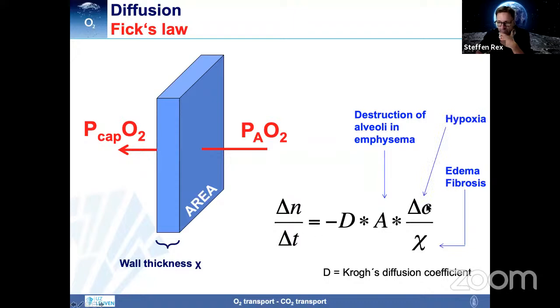And if you have hypoxia, you have less of a diffusion gradient or concentration gradient over your membrane, and you will have hypoxia at the end. And the other way around, if you increase the alveolar partial pressure of oxygen, then you will improve diffusion and you will treat hypoxia.